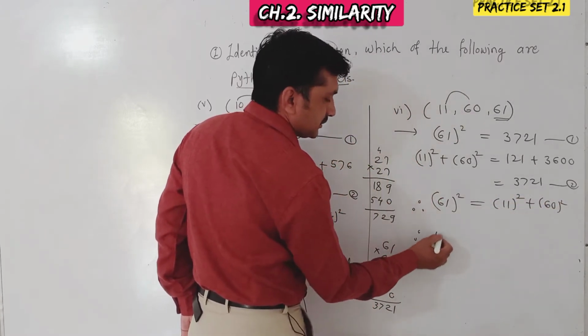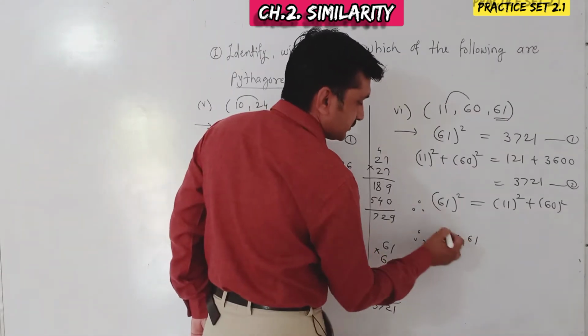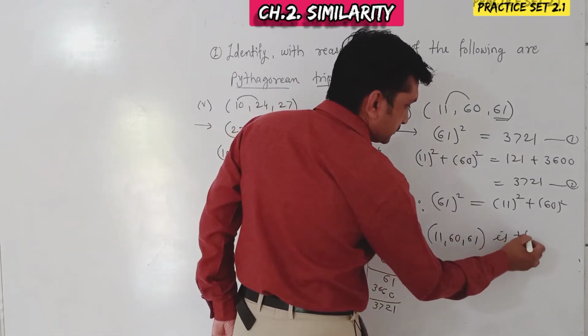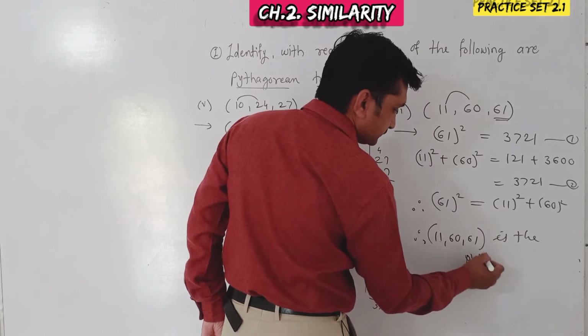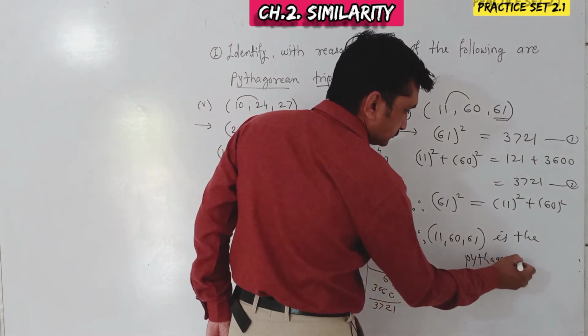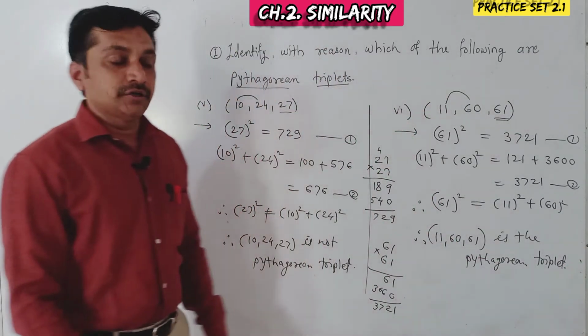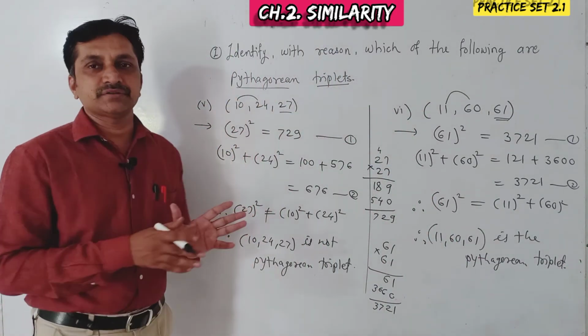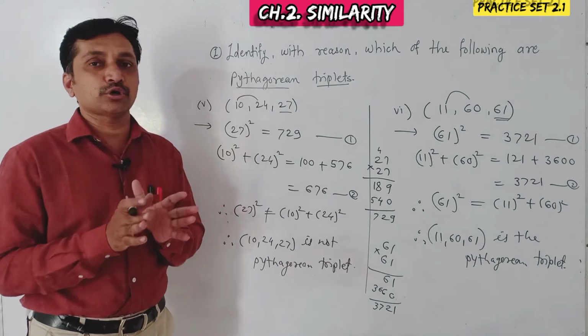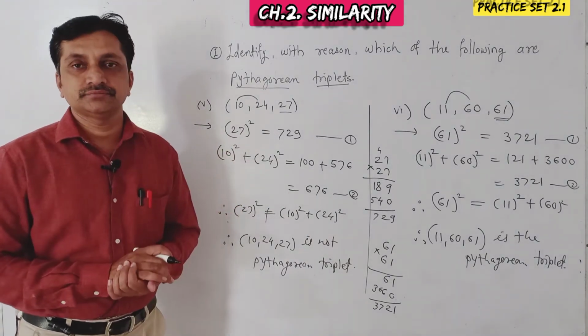Therefore 11, 60, 61 is the Pythagorean triplet. In this way we can identify any triplet, whether it is a Pythagorean triplet or not, by this method.